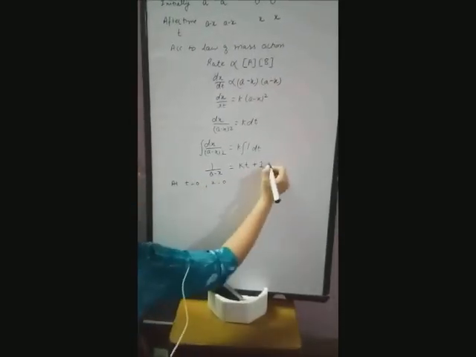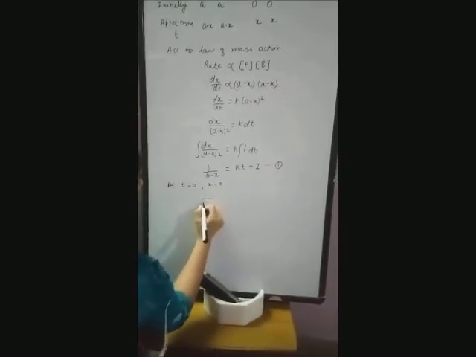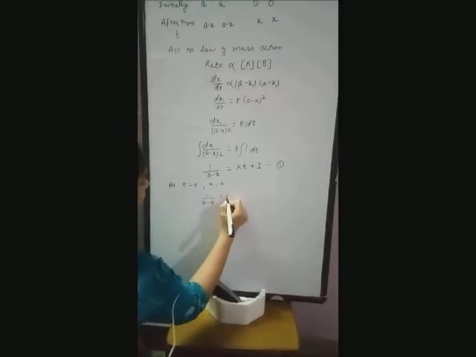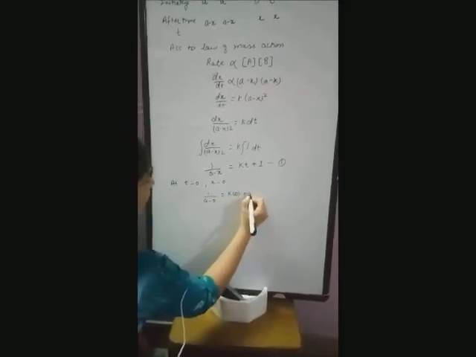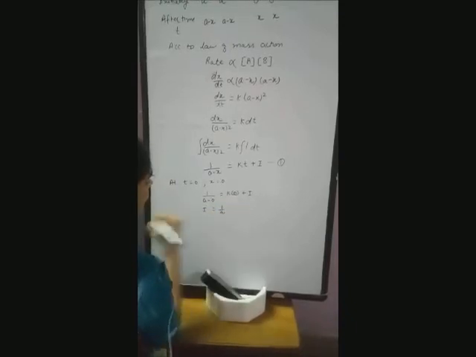Substituting these values in equation number 1, we get I is equal to 1 upon A.